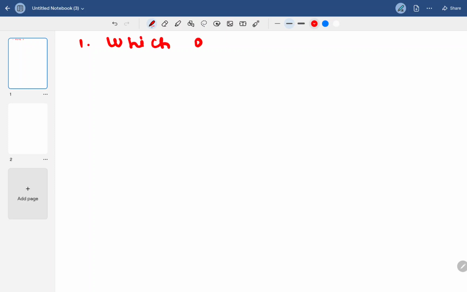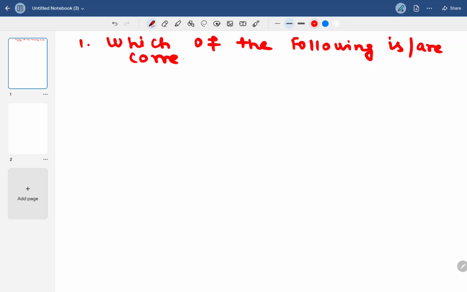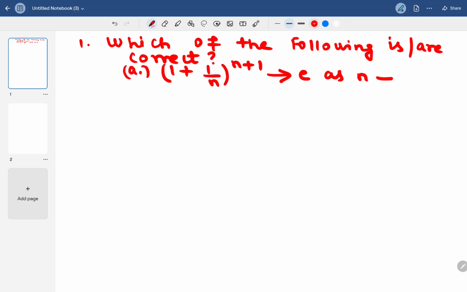Which of the following is or are correct? Option A: (1 plus 1 by n) power n plus 1 tends to e as n tends to infinity.